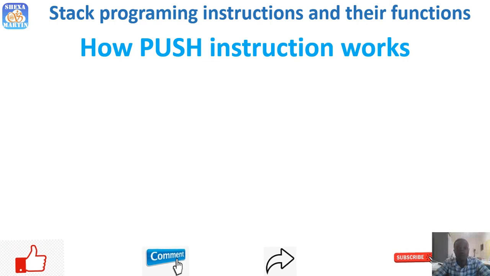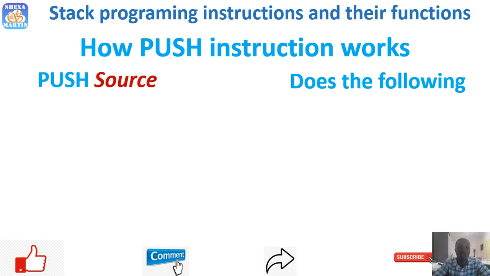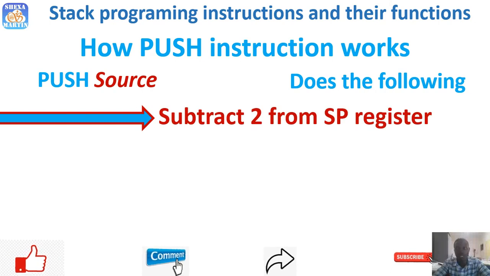The push instruction works this way. We say push source, right? Like we said earlier. So push source does the following. What is it that it does? It subtracts 2 from the stack pointer register. Why? Because the value that we are pushing onto the top of the stack is of size 16-bit.